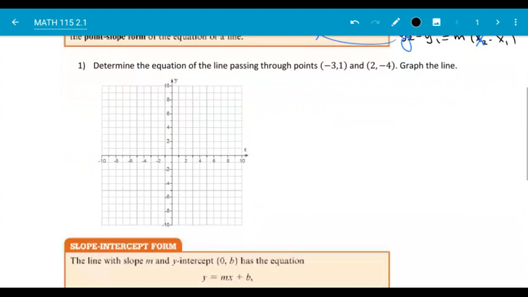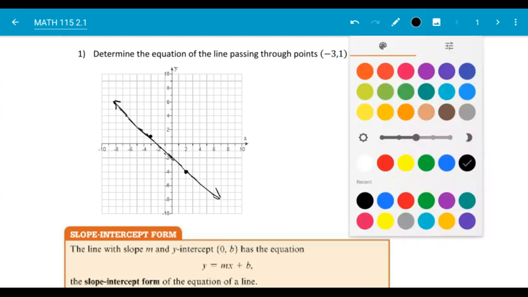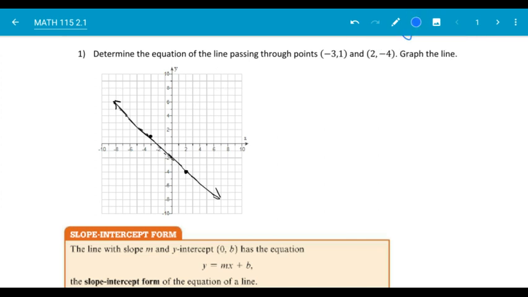All right, so in example 1, they ask us to determine the equation of the line passing through the points (-3, 1) and (2, -4). So there are those two points plotted. If I draw a line through those two points, I can calculate the slope.